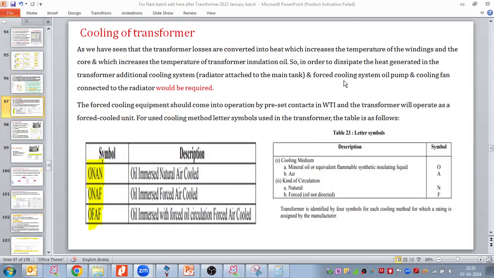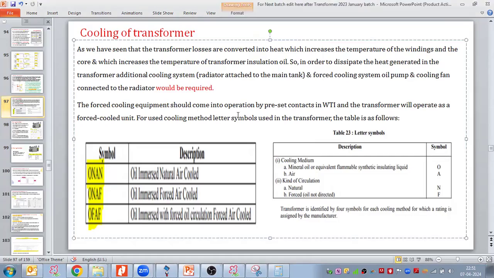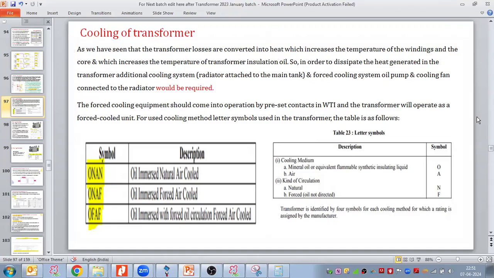For forced cooling, an oil pump and cooling fan connected to the radiator would be required. The forced cooling equipment should come into operation by preset contacts in the WTI, and the transformer will operate as a force cooled unit.